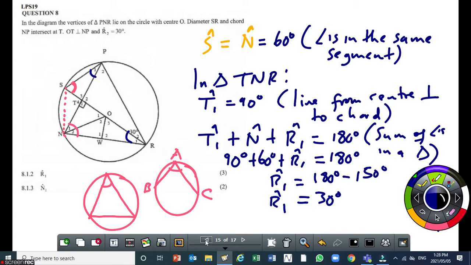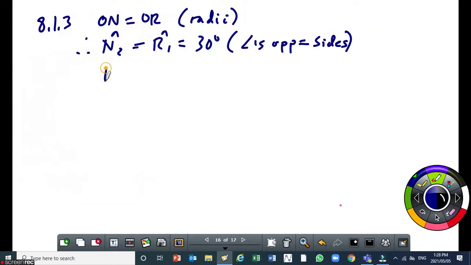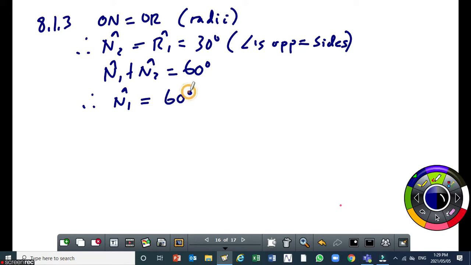So N1 plus N2 is equal to 60 degrees. I don't need to write the reason for this because I proved before that angle N is 60 degrees. Therefore, N1 is equal to 60 degrees minus 30 degrees, and you get 30 degrees.